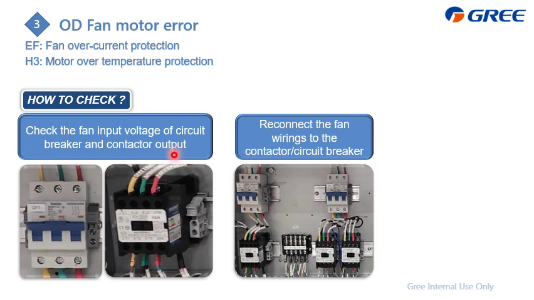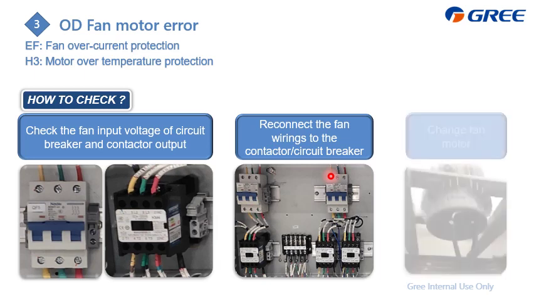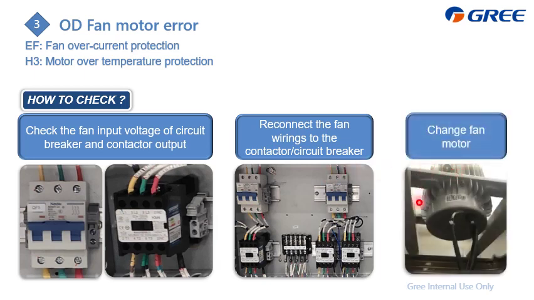After that, we're afraid the wiring may not be good, so we need to double check by reconnecting the fan wiring to this device. If it is still not fixed, maybe the fan motor is malfunctioning, so replace it with a new fan motor to check.